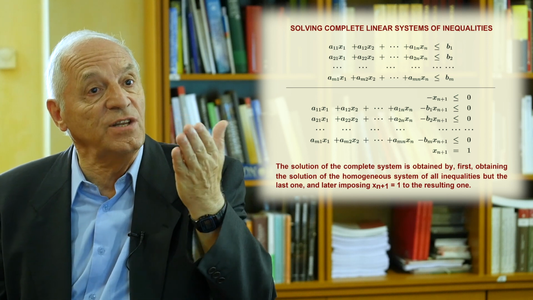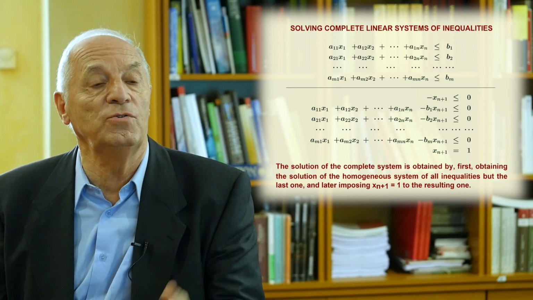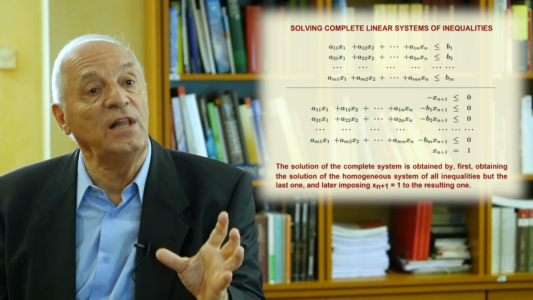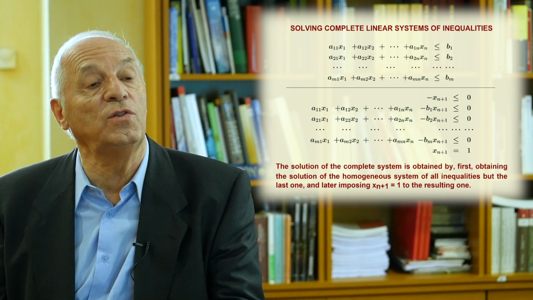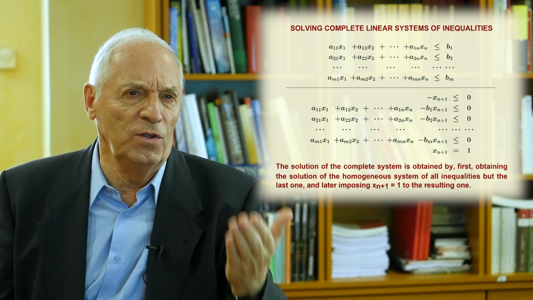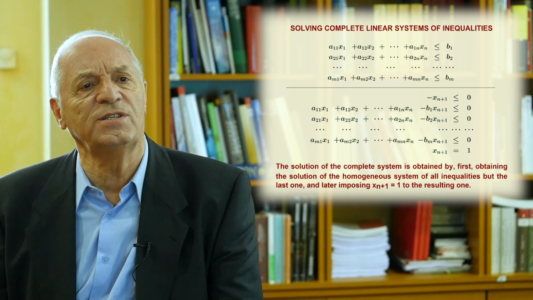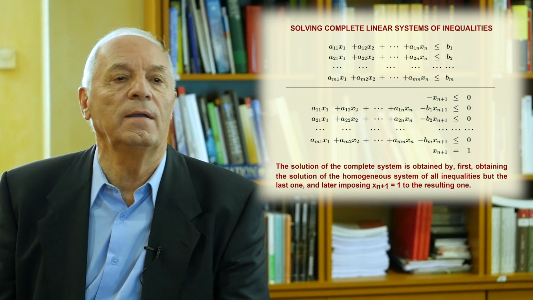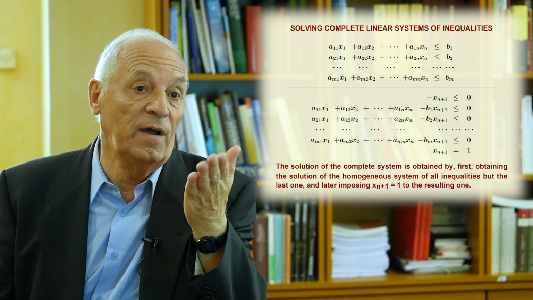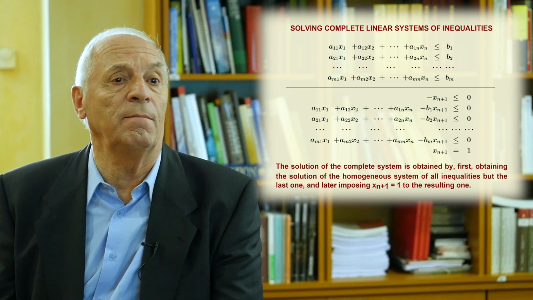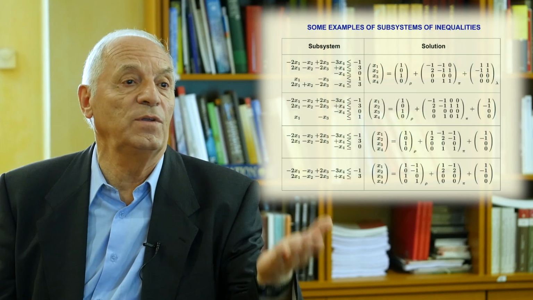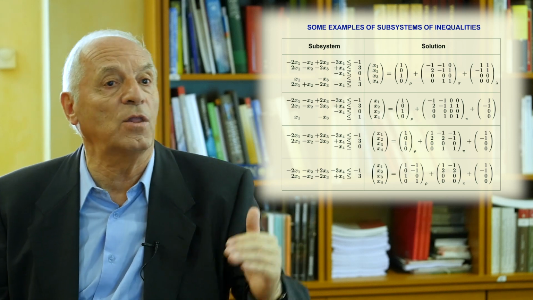But in order for that system to coincide with the one below, you need to add that x_{n+1} should be 1. So what you need to do to solve the system is, first, solve the homogeneous system, and then take only the solutions that satisfy the last equation, which is x_{n+1} equal to 1. And similarly, when you solve a system, you can solve different subsystems, but always in order.